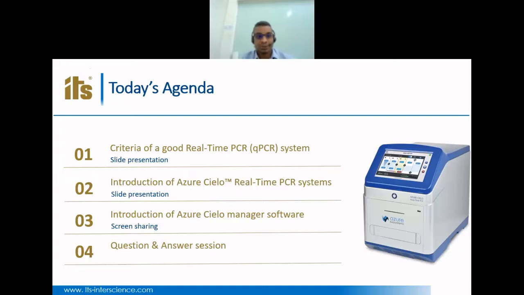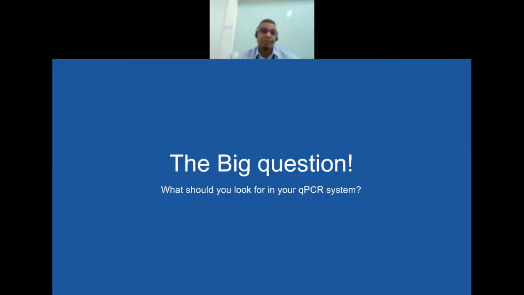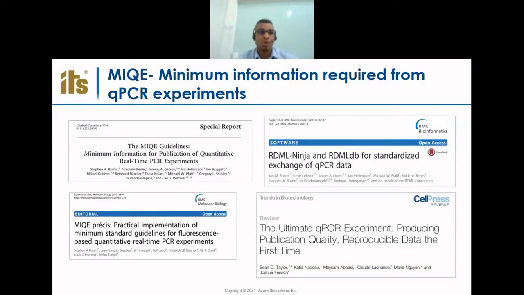Okay, so this is what we'll be doing today. We'll be going through the Azure Cielo, which is a new qPCR system. Now, let's jump into the big question. What should you look for when you want to purchase a qPCR system? After all, a qPCR system is a big investment for any lab, right? So to answer this question, we go back to the MIQE guidelines.